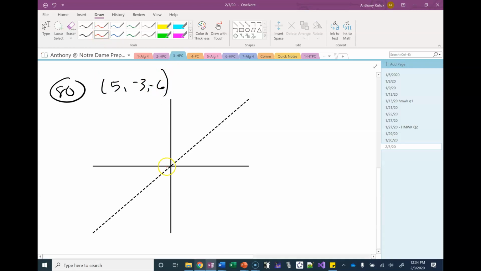So I'm going to start by plotting 5 tick marks on the positive end of the x-axis. I'll put 3 tick marks on the negative end of the y-axis, and 6 tick marks on the negative end of the z-axis. Good with that.